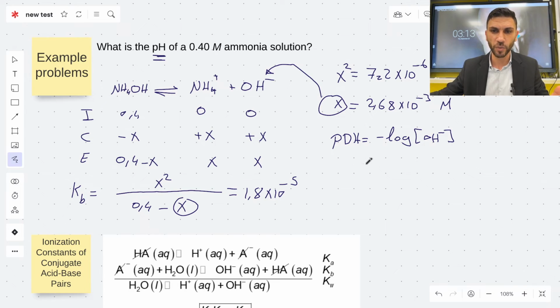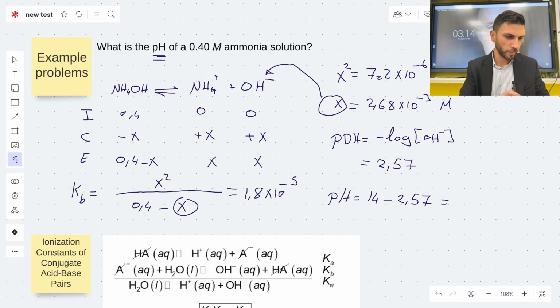Never make a mistake about this. So it equals negative log of this answer, which equals 2.57. Therefore, the pH will equal 14 minus 2.57, which equals 11.4.